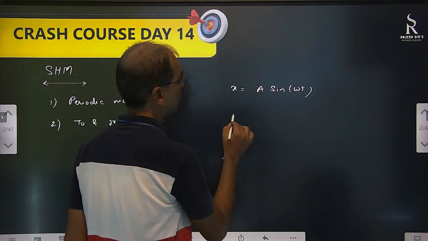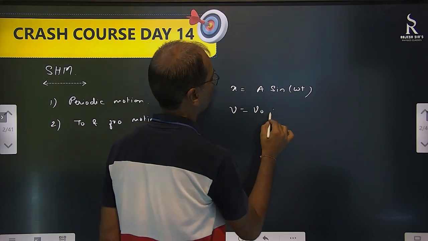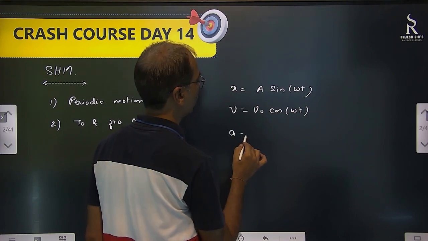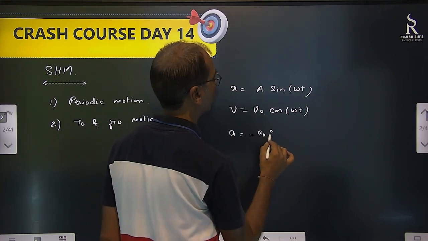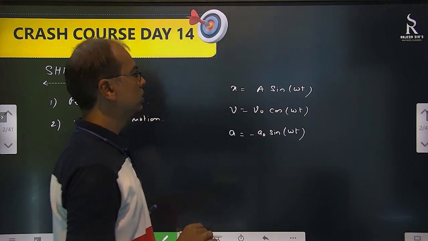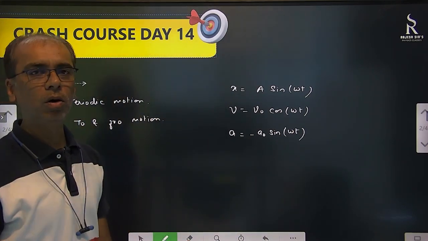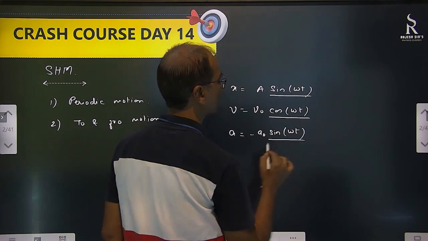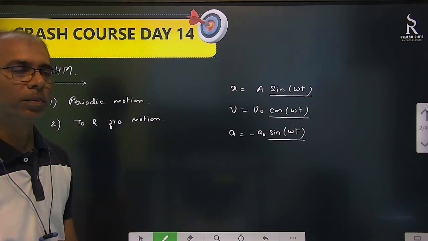Velocity we write as V naught cos omega t. And acceleration we write as minus A naught sine omega t again. So displacement, velocity, and acceleration all are written along with trigonometric functions. That is the speciality of simple harmonic motion.